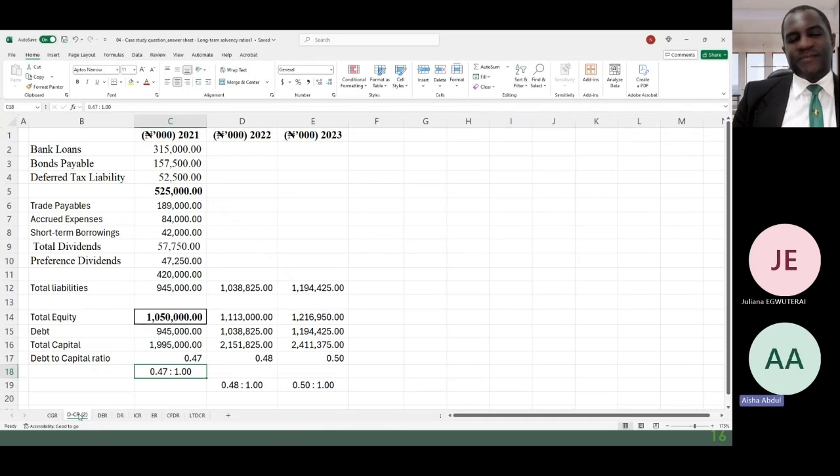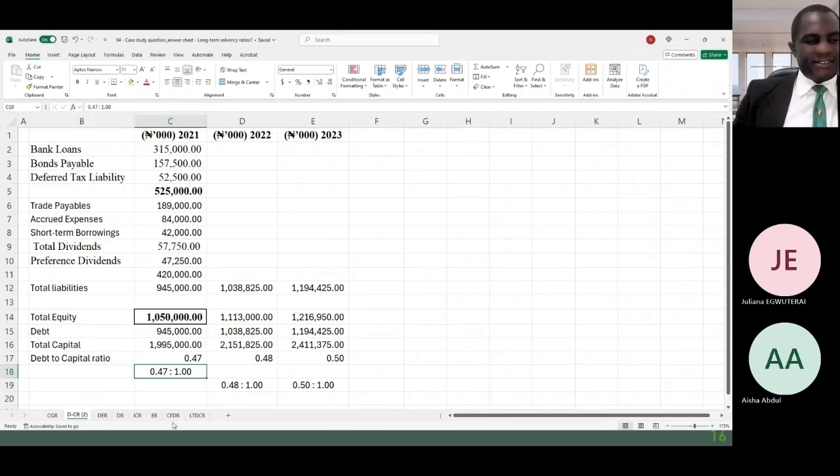This one is an FMCG, a fast-moving consumer goods company. But banks and investment companies may not even have shareholders. Most of their debt comes from outside. So for banks, the conversation is a bit different. Take note of it.